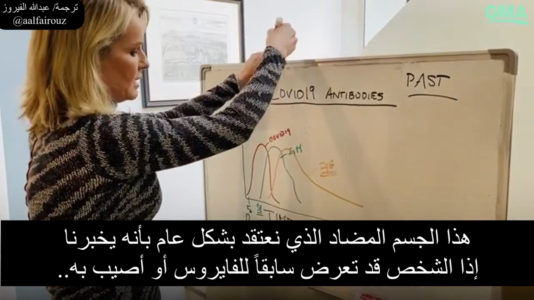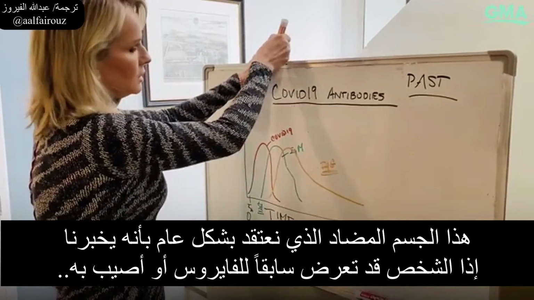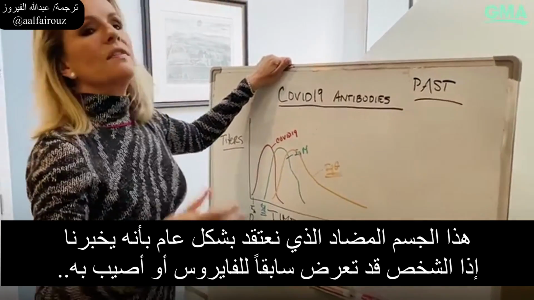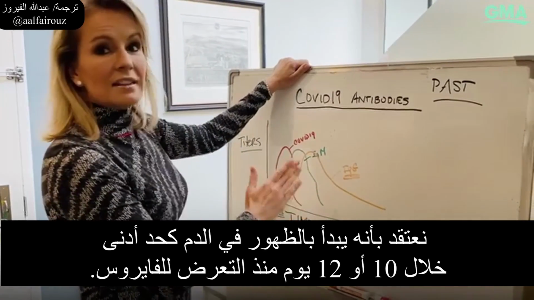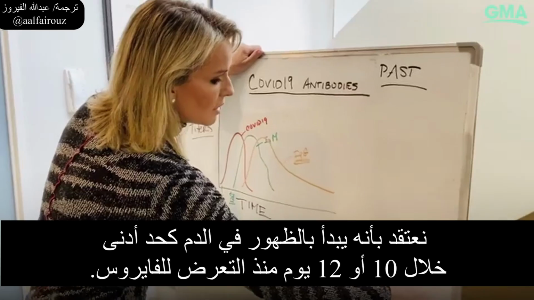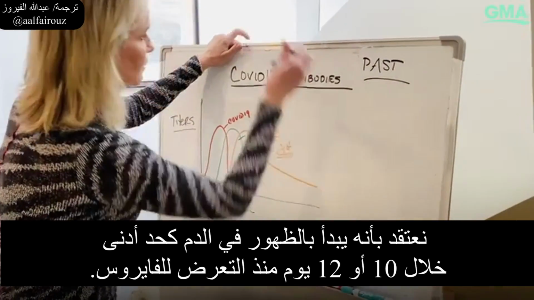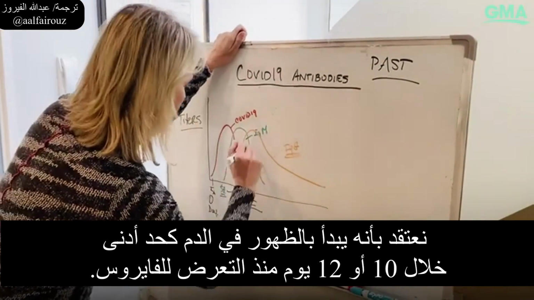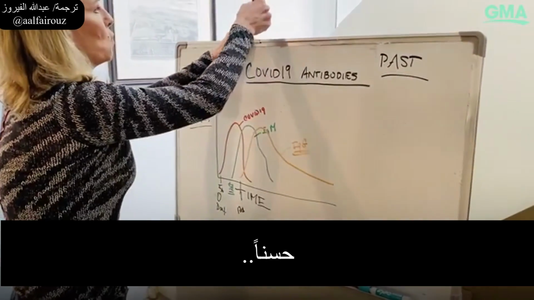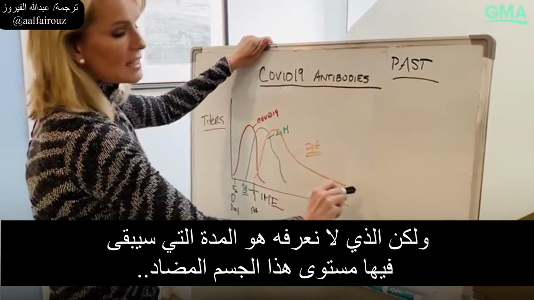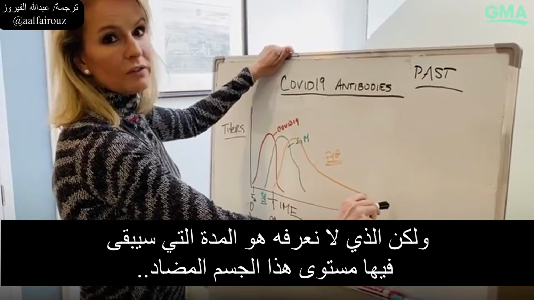That's the antibody that in general we think tells us if someone has an old exposure or infection. We think that that can start to appear in the blood as early as 10 or 12 days. Okay. What we don't know though is how long that antibody level will last.